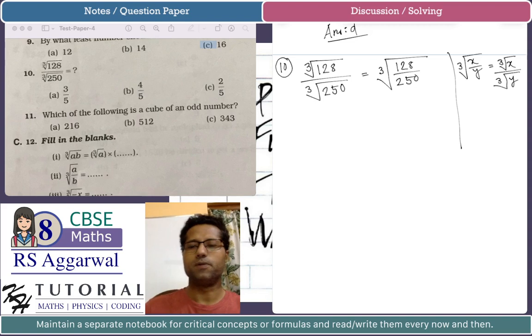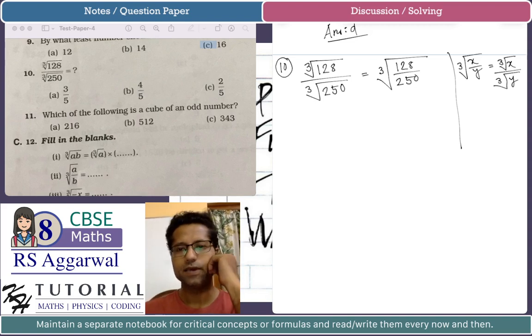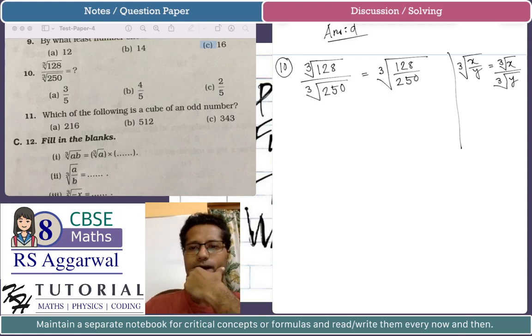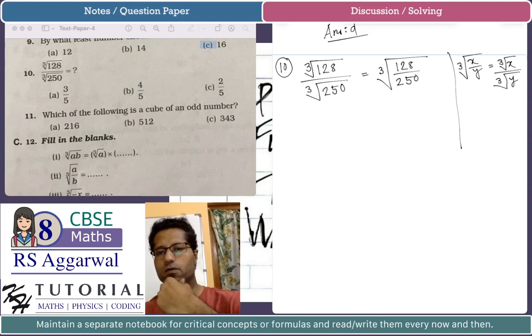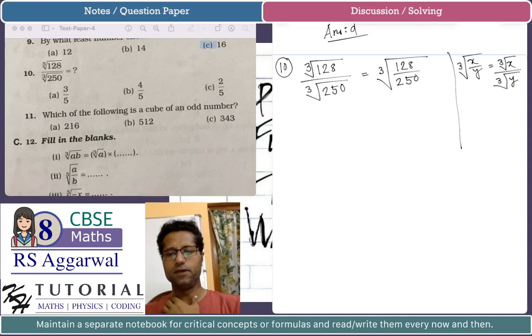Applying this property, we can express cube root of 128 divided by cube root of 250 as cube root of 128 divided by 250, because both 128 and 250 are not perfect cubes.